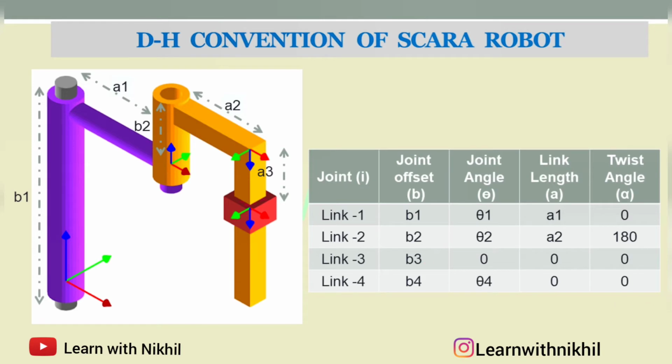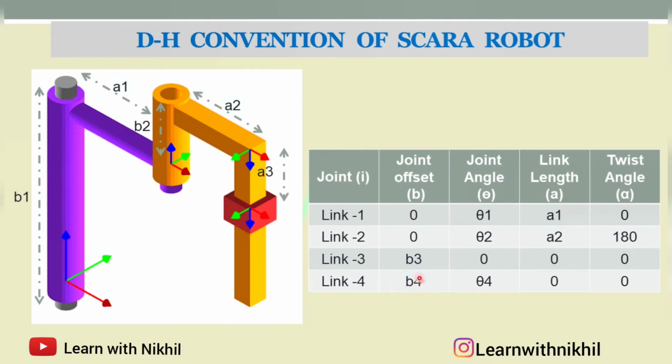So once you have got all the DH parameters, now we can move forward with finding the kinematics of this SCARA robot. Before moving forward, as I have mentioned earlier, the joint offset values B1, B2 for the rotary joint can be 0. So we'll consider this joint offset as fixed, and we'll consider it as 0.